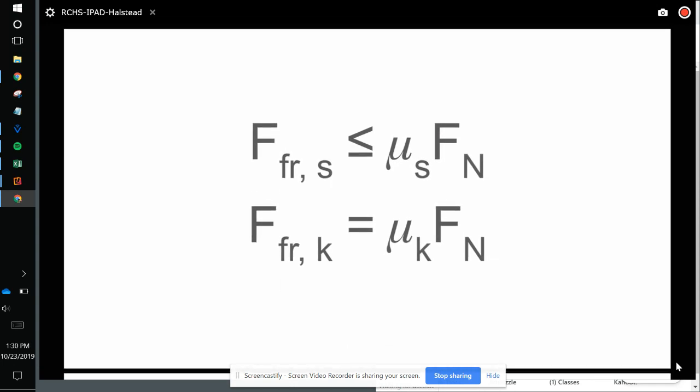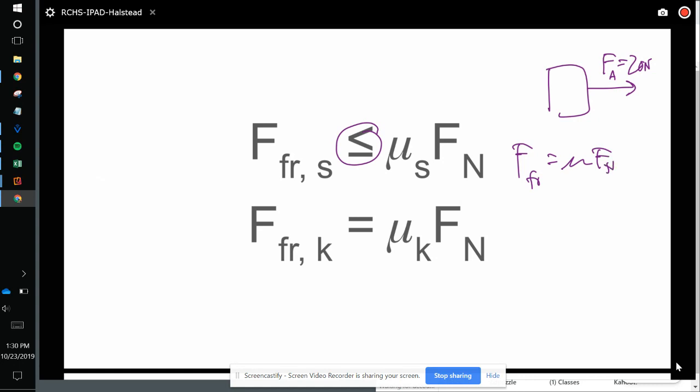The reason that we have this symbol for the static friction is that if I say I have a box and I'm pushing it with a force applied of 20 newtons, but say my maximum static force of friction is say like 50, right? I know friction force is equal to mu times normal force.